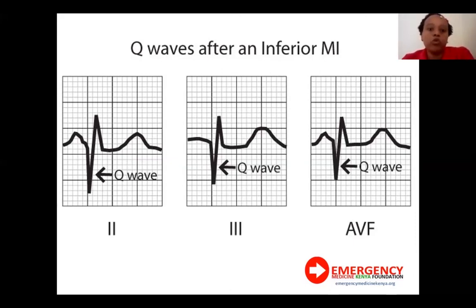Something may have happened, and it can be elicited very well on a rhythm strip. So you can see the QRS are quite deep. We said it should not be more than two small boxes deep, and not more than two small boxes wide. You can see clearly we are having Q waves that are quite deep. That's how you are going to see it when a patient has suffered a myocardial infarction.